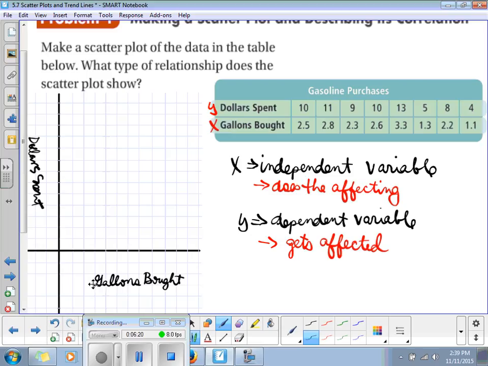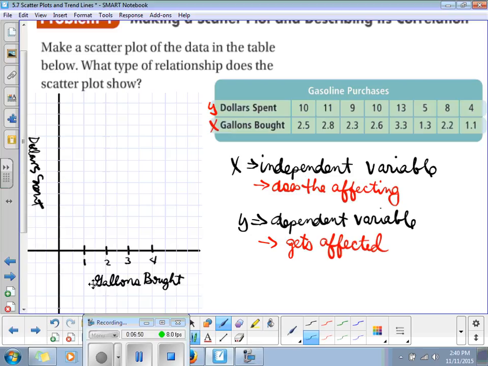For gallons bought, the lowest is 1.1 and the highest is 3.3. So let's go out to four: 1, 2, 3, 4. And for the dollars spent, it doesn't matter what the lowest is because we just start at 0, right?